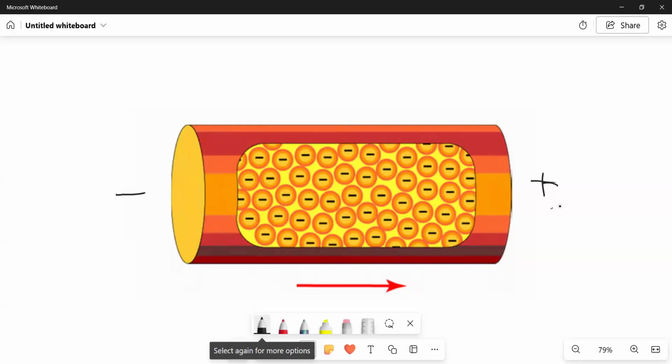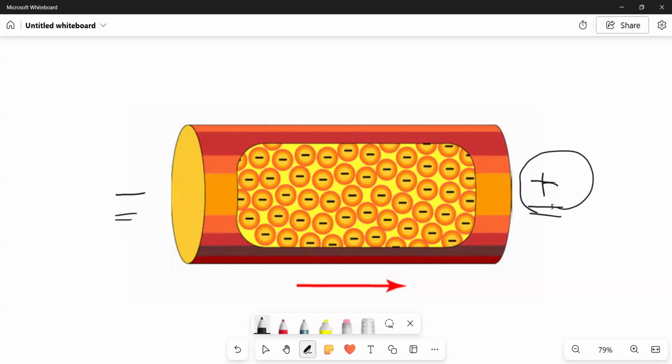So once we create what we call a potential difference, electrons will tend to flow.